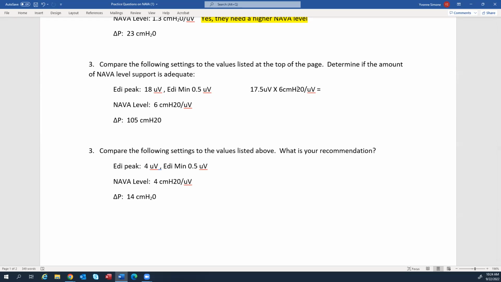Is that correct? 17.5 times 6, 105. Yes. So we need a pressure support of 105 on this patient. Not that we dial in the pressure support. This is what the ventilator gives when it's giving a NAVA level of 6 centimeters of water per microvolt. It's going to generate a pressure support of 105 centimeters of water.